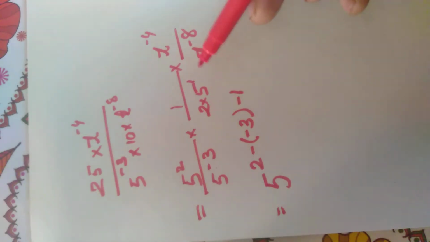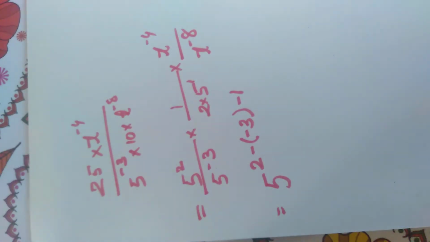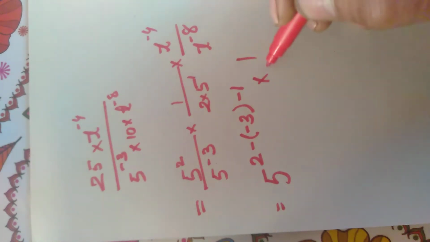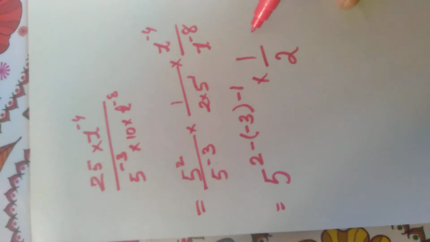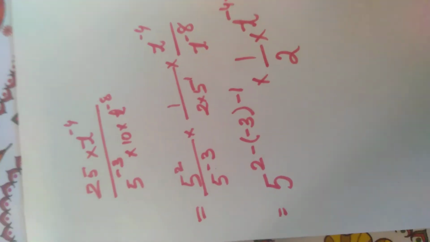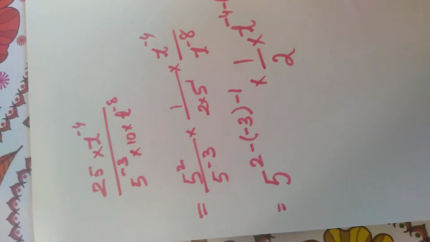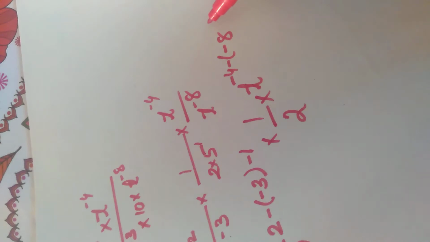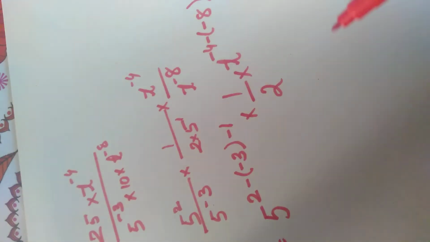Now this also is getting subtracted, into 1 upon 2 into t to the power minus 4 minus of 8.